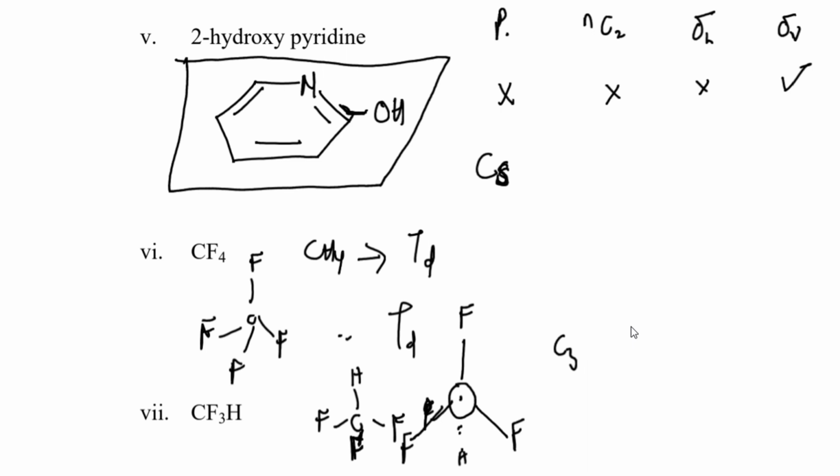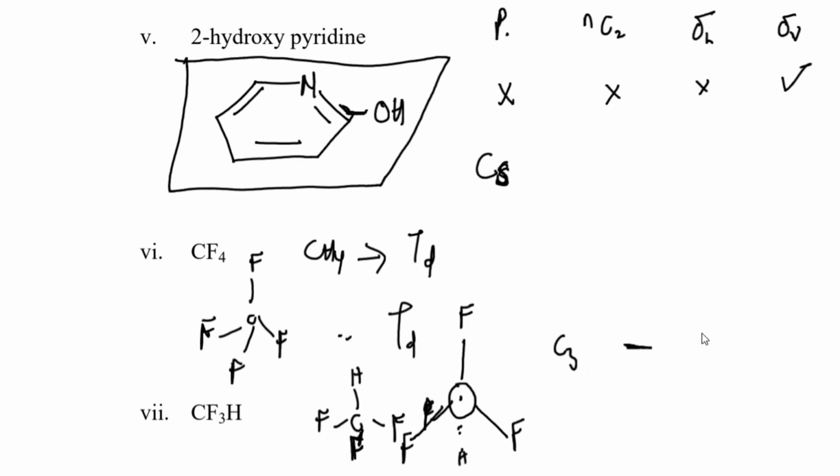So subsidiary, how many C2 axes do we have? We can have a C2, we have another C2, but the C2s are not up to 3. We don't have up to 3 C2s, right? So this is absent. So the next one is what?